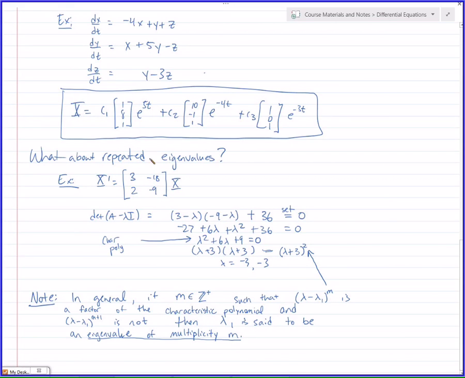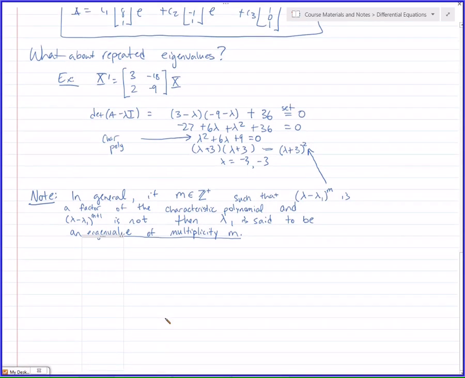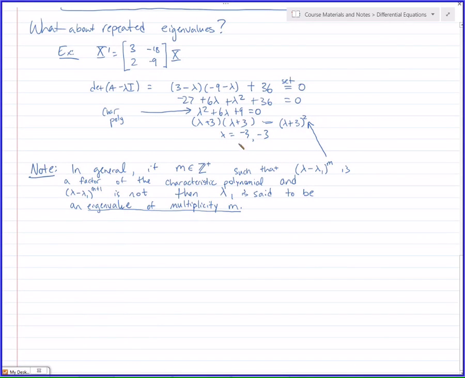These repeated eigenvalues will have a certain number of repeats. So the multiplicity of lambda equals negative 3 up here is 2, right? So in the previous example, lambda equals negative 3 has multiplicity 2.